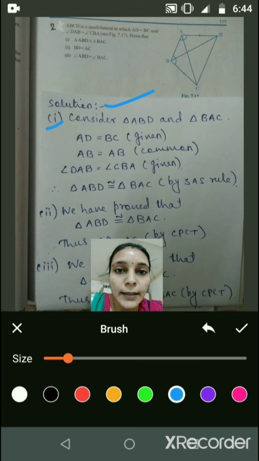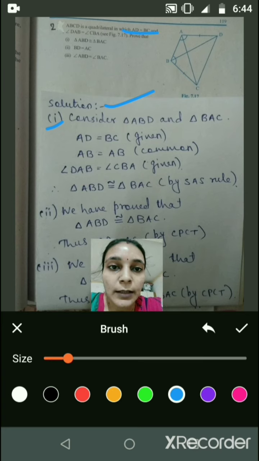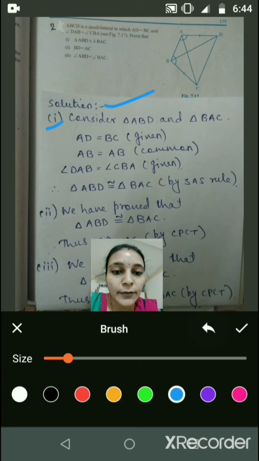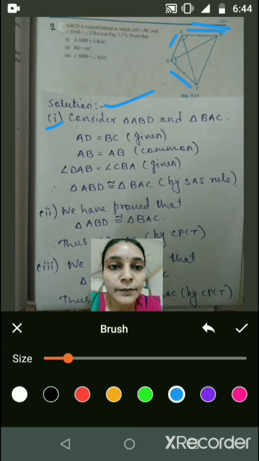Of course, because it is given. Next, AB is the common side in both the triangles, so obviously it will be equal.